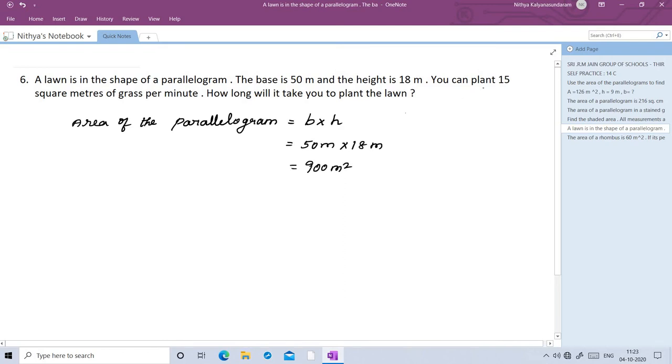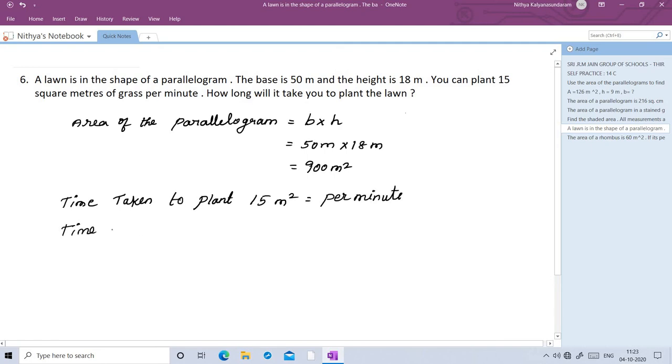Time taken to plant 15 square meters is one minute, and we have 900 square meters.